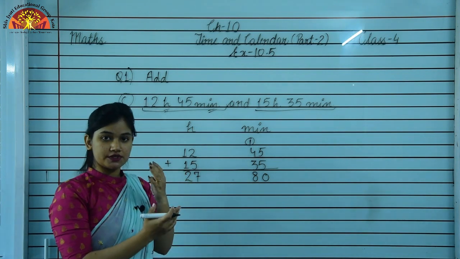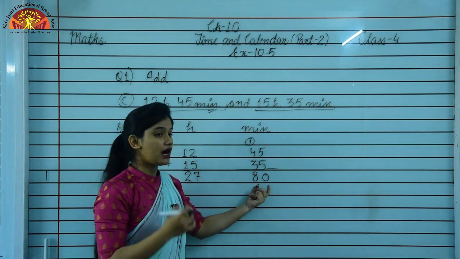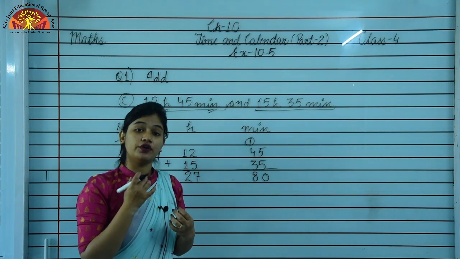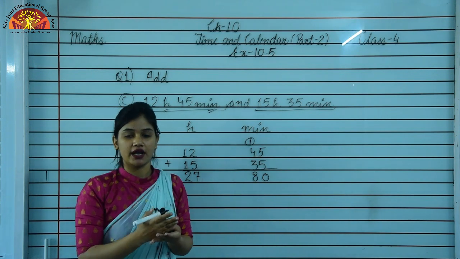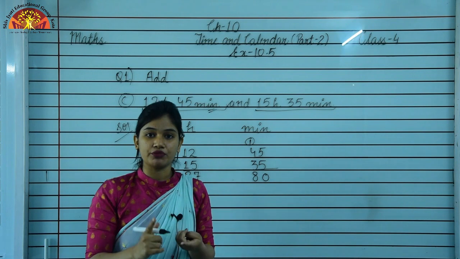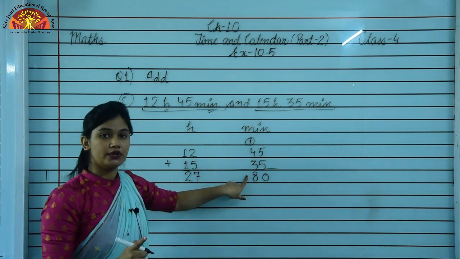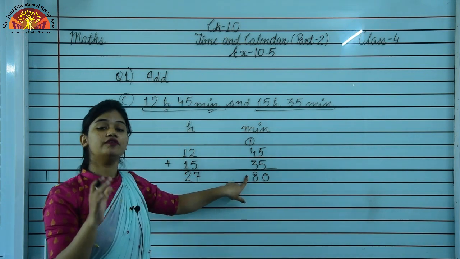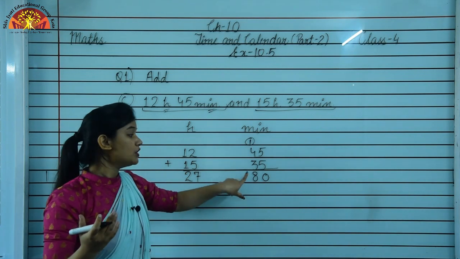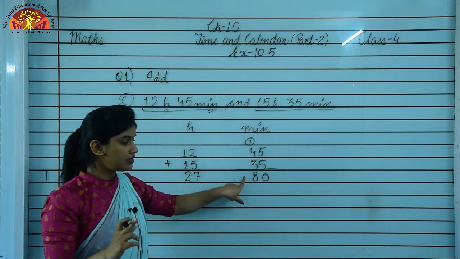Now what are we observing? We are observing minutes are more than 60. We have more than 60 minutes. So what we have to do here: whenever you have 60 minutes or more than 60 minutes, you have to subtract 60 from the minutes. What did I say? Whenever you have 60 minutes or more than 60 minutes, you have to subtract 60 from minutes.